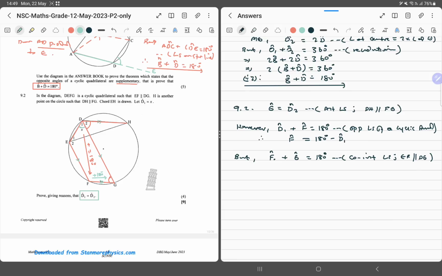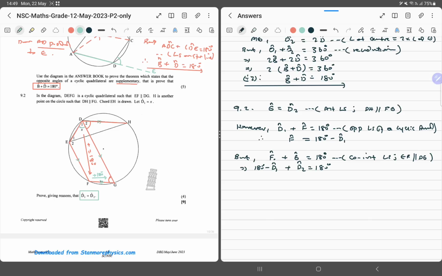Now we're going to substitute F with that which we found. This implies that 180 degrees minus angle D1 plus angle G, and we know that angle G is essentially angle D2 from what we saw above, equals 180 degrees.